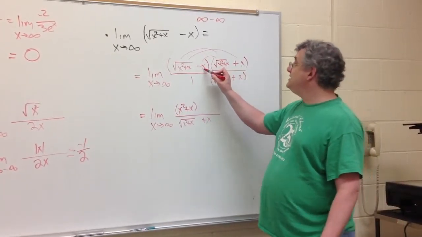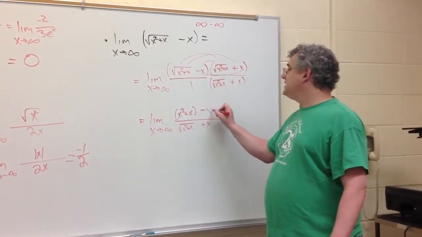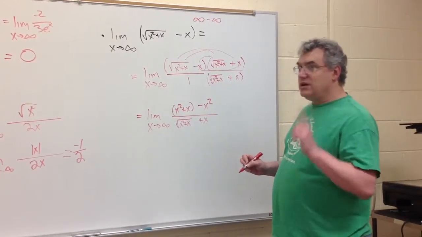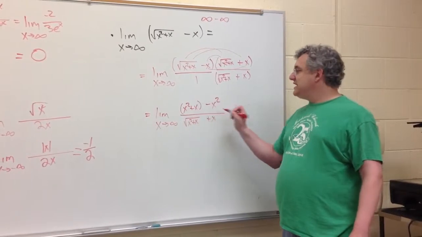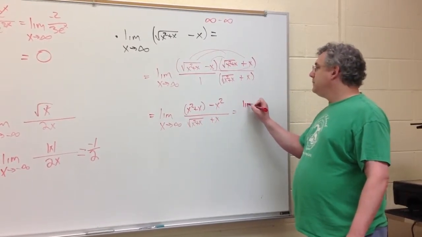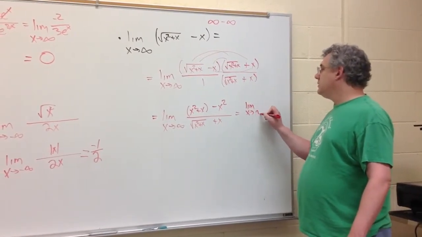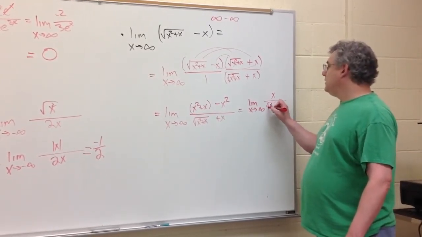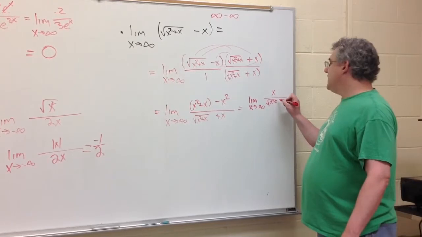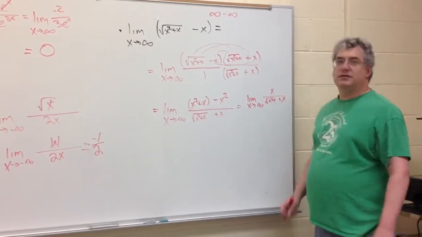But then we also have minus x times x is minus x squared. And hopefully now you can see minus x squared, x squared. Those pieces cancel. And what do I get on top? An x. That's all that's left. On the bottom, square root of x squared plus x, and then plus x.